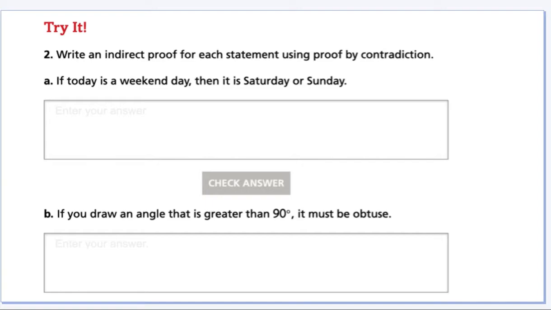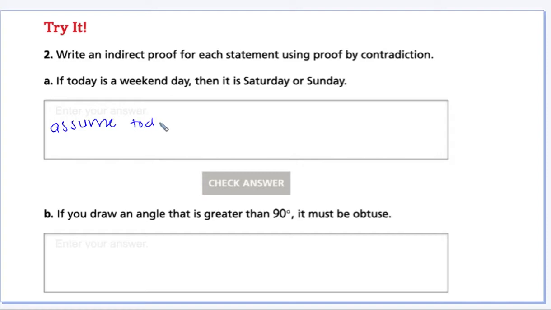So again, we would have, if today is a weekend day, then it is Saturday or Sunday. You start off by saying that today is not Saturday or Sunday. Therefore, today's a weekday. But that contradicts the hypothesis. So therefore, your assumption is not true. So the original statement is true. So again, I'll just write kind of what we would start off by saying.